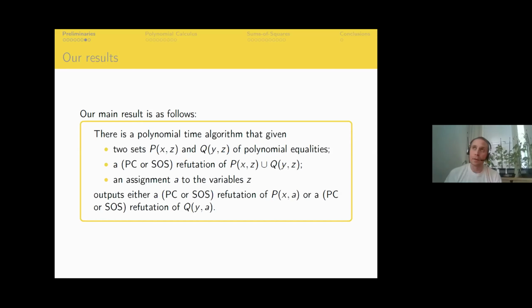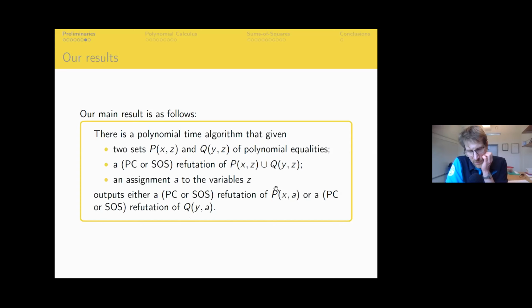But you might not have that. If both of these sets are unsatisfiable, then you don't have a restriction that sets one of the sides to 0, so that you get the refutation of the other side.